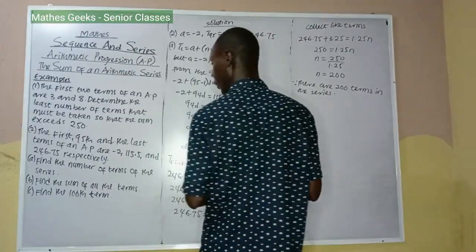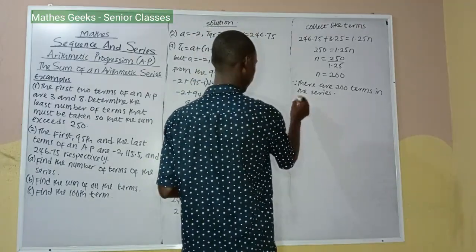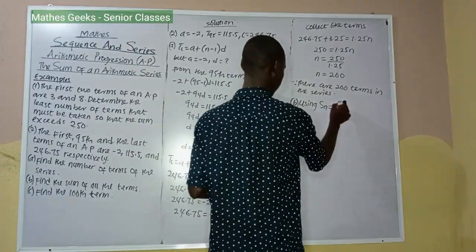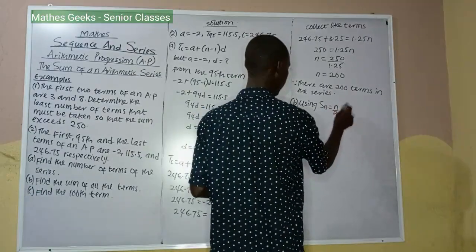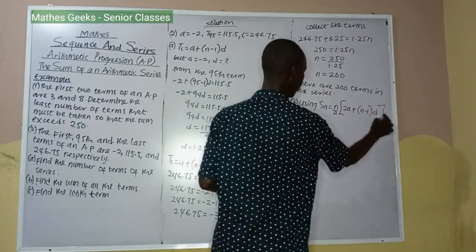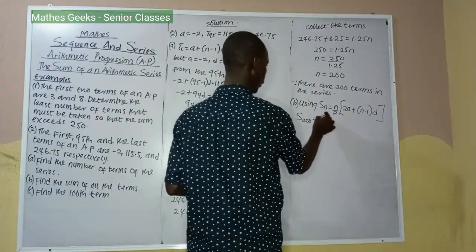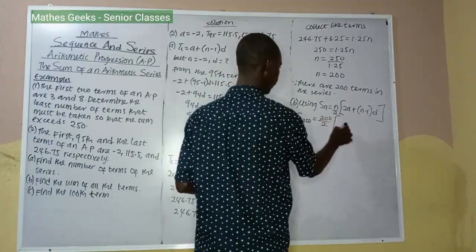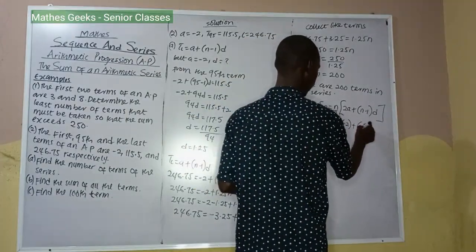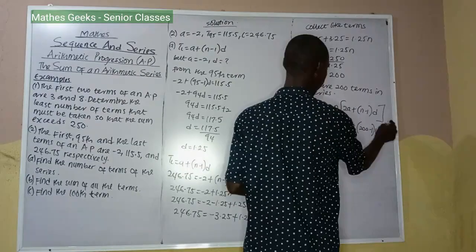So that's A. B says find the sum of all the terms. Using Sn is equal to n over 2 times 2a plus n minus 1 d, where n is 200, S200 is equal to 200 over 2, 2 times minus 2 plus 200 minus 1 times the common difference, 1.25.